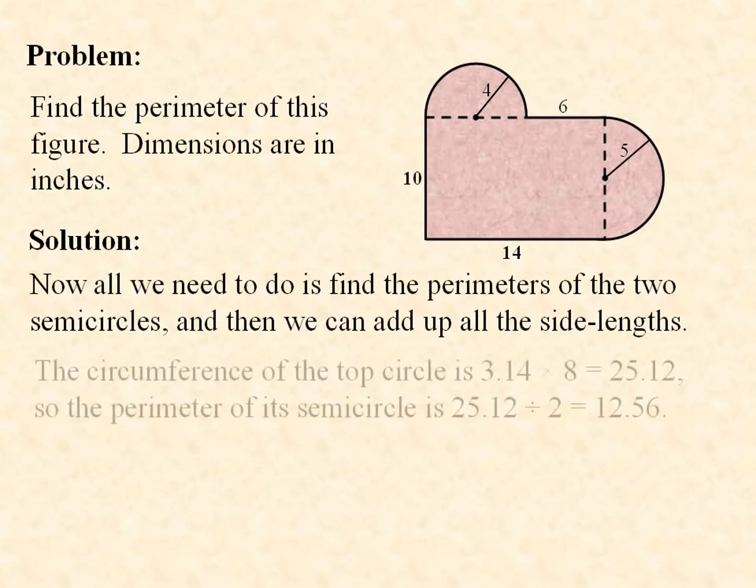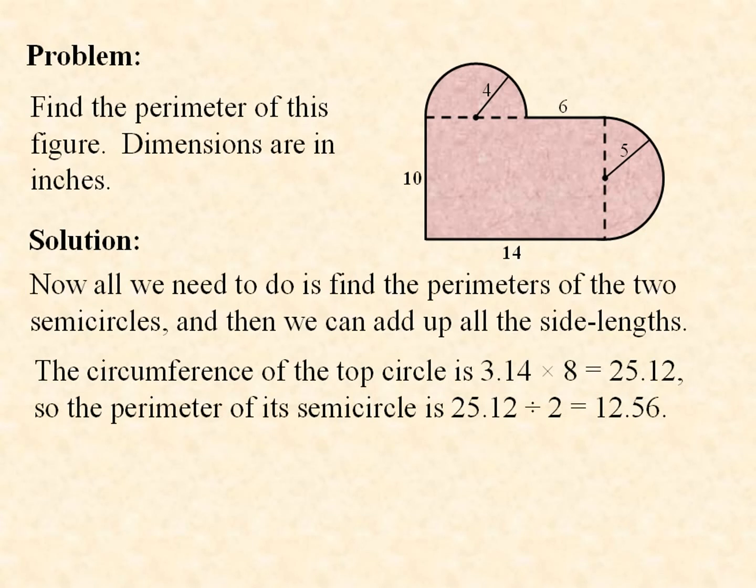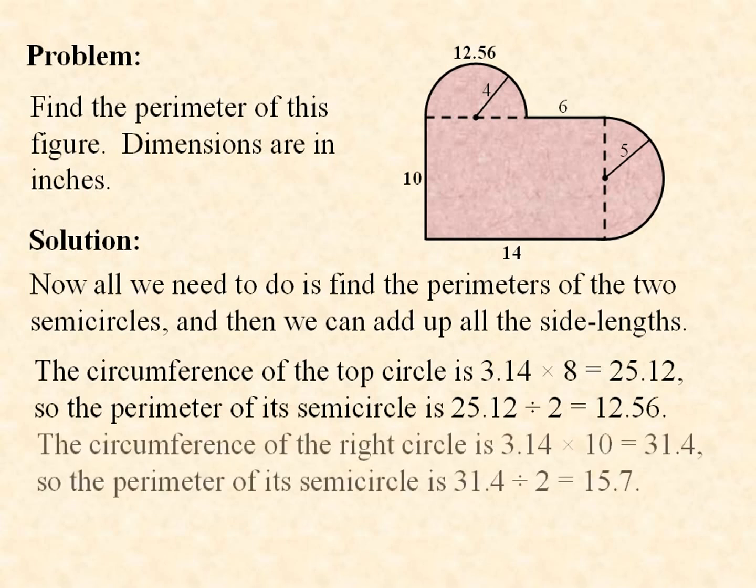The circumference of the top circle is 3.14 times 8, which is 25.12. So the perimeter of its semicircle is 25.12 divided by 2, which is 12.56. The circumference of the right circle is 3.14 times 10, which is 31.4.